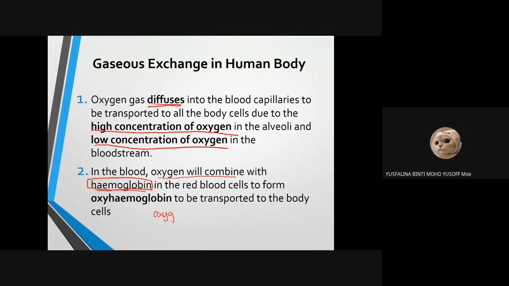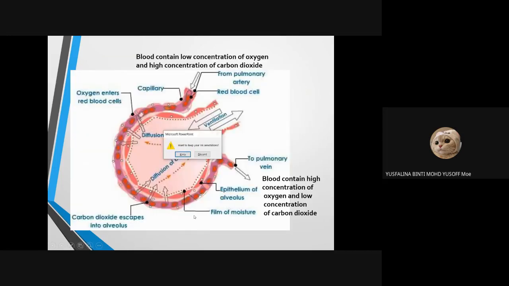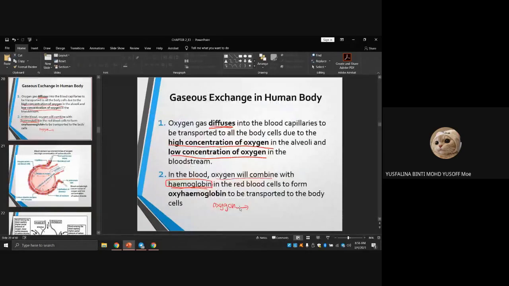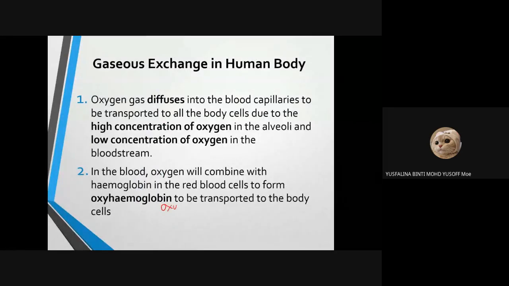So this is the equation: oxygen plus hemoglobin forms oxyhemoglobin. The oxygen will combine with hemoglobin inside the red blood cell to form oxyhemoglobin. Then this oxyhemoglobin will be transported to all the body cells.